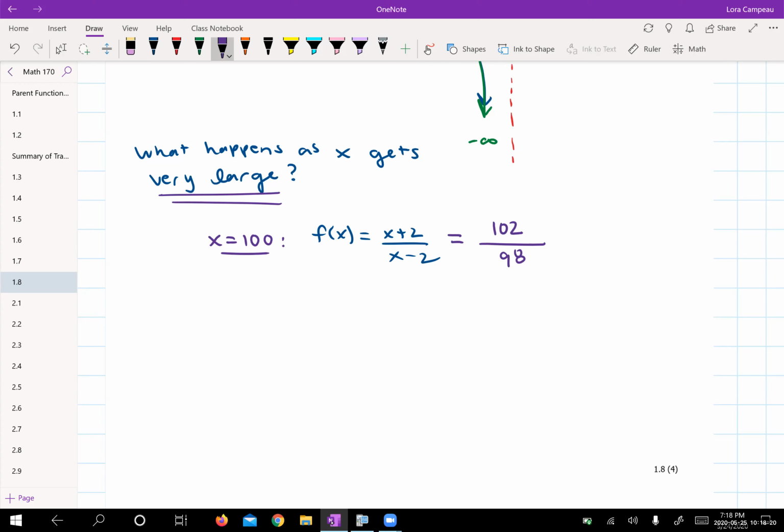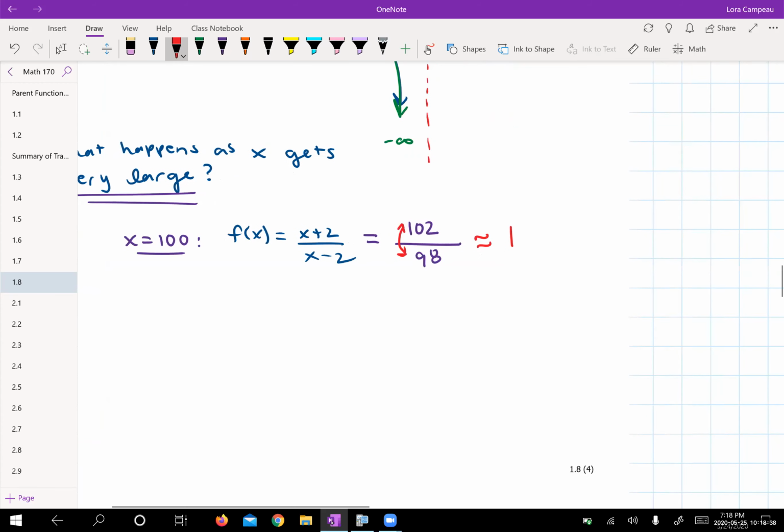When you look at the numerator compared with the denominator, their numbers are relatively close. When the numbers are relatively close to each other, we can talk about them being about 1. Technically it's slightly over 1 because you have an improper fraction.